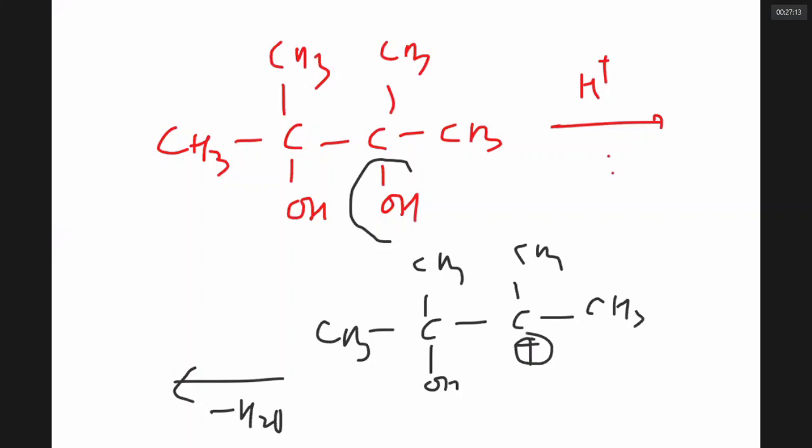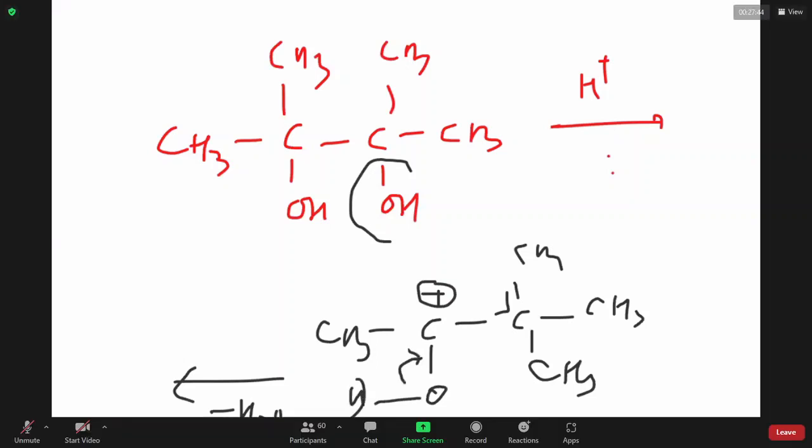This carbocation will allow the methyl group of the neighboring carbon to shift. When the methyl group shifts here, you will be getting a methyl group over there. Now this carbon became a carbocation. Now the carbon which has the OH group becoming a carbocation means there is an advantage. What happens is this OH group will lose this H plus and this will become a double bond.